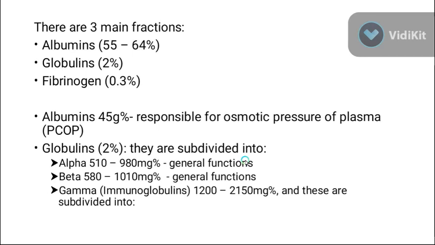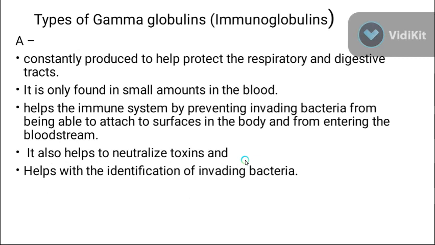Globulins are subdivided into alpha, beta, and gamma, immunoglobulins, which are subdivided into types of gamma globulins.